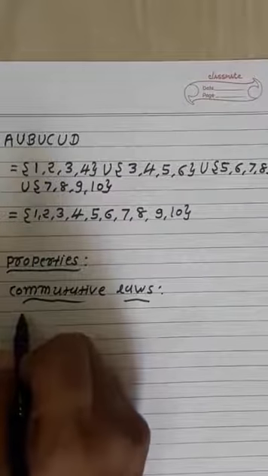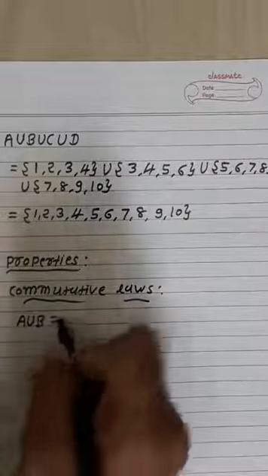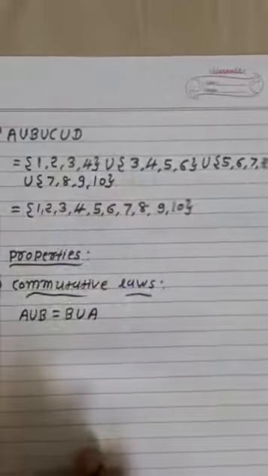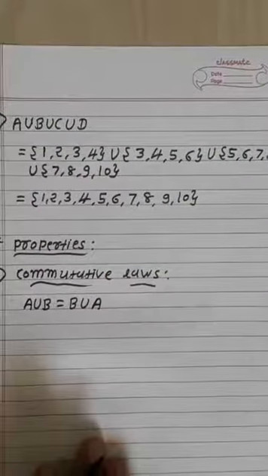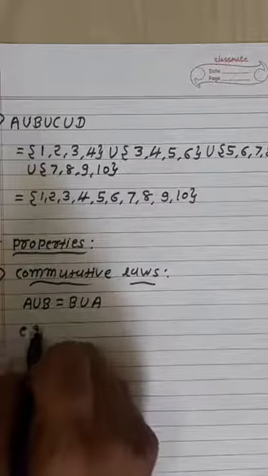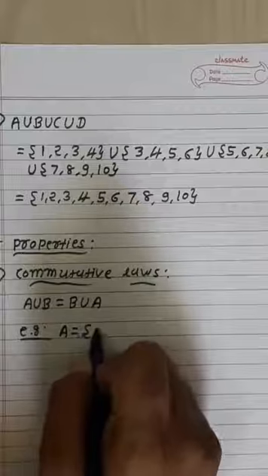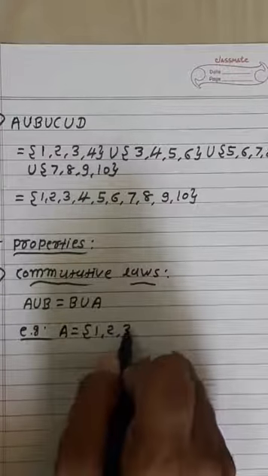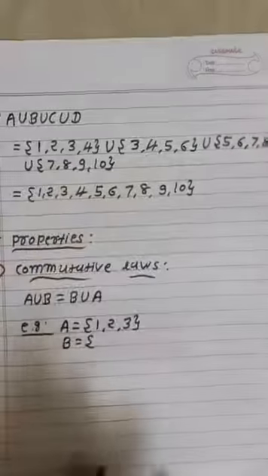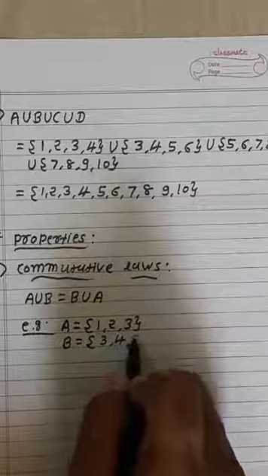In the commutative law, A union B is equal to B union A. Now we can prove the first property. We can take one example. Suppose A is equal to set of 1, 2 and 3, means 3 elements are present, and B is equal to set of 3, 4 and 5.